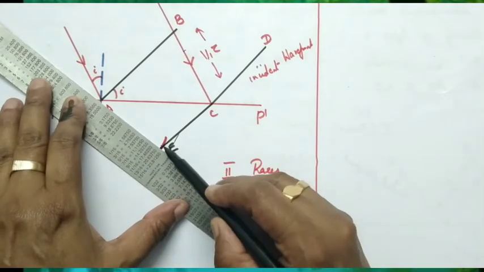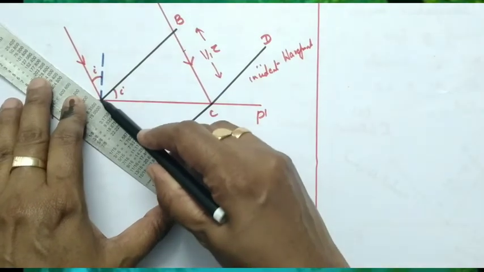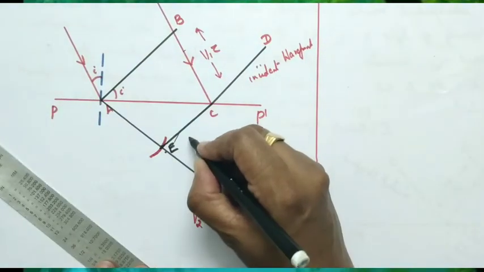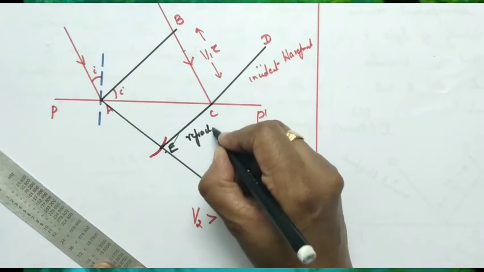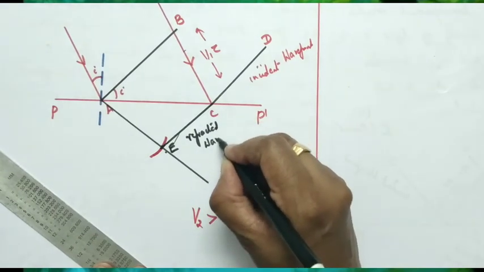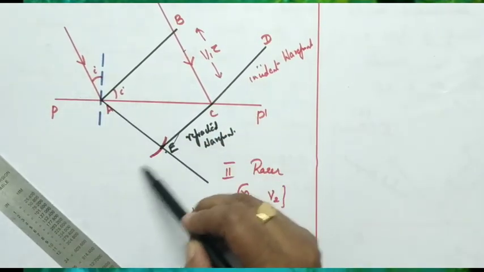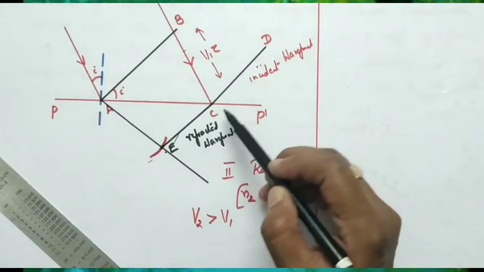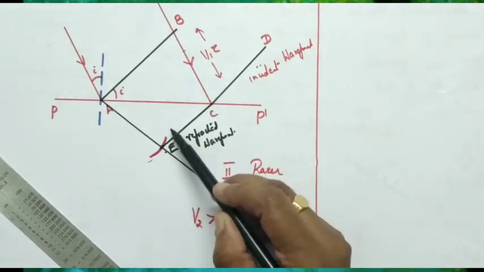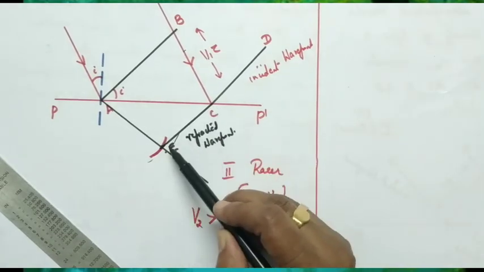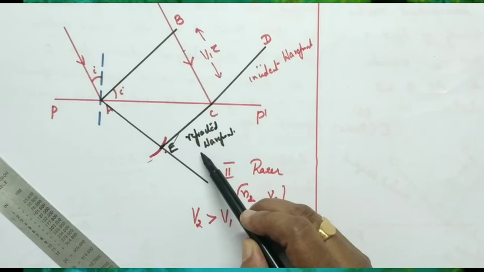So, actually EC represents the refracted wavefront. Taking v2 tau as radius, we have drawn the sphere and that sphere is greater. Then draw a tangent from C onto the sphere. Let that point be E, and EC is called a refracted wavefront.